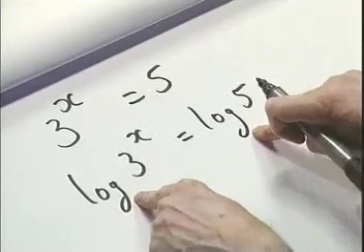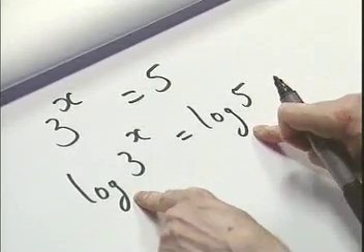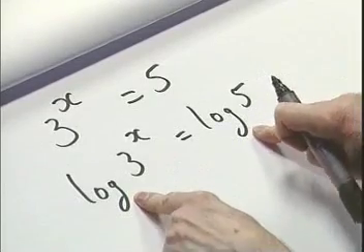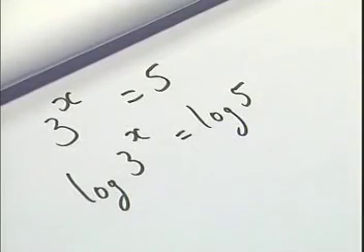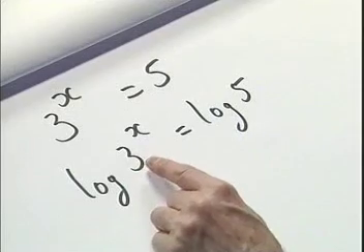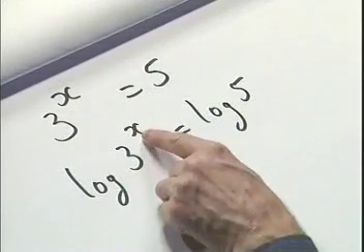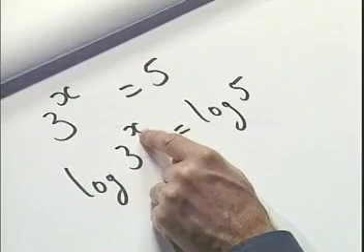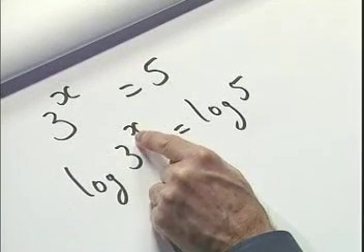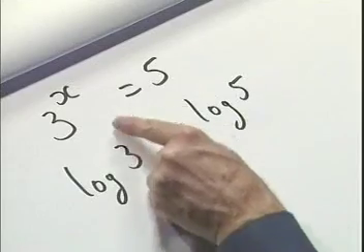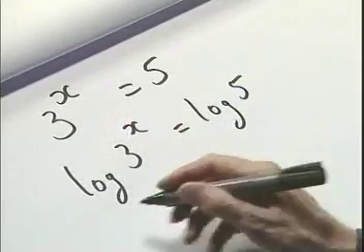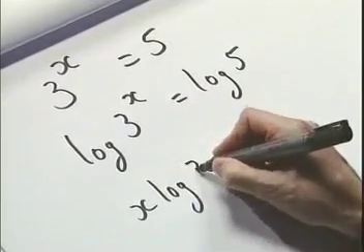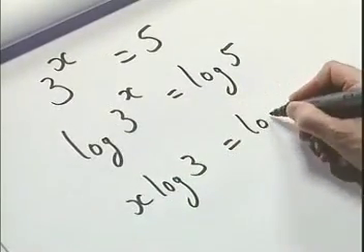And that's because I'm using the convention that I've just expressed, that log now means log to base 10. Well, I've got the log of 3 raised to the power x. And of course, one of the things that I do know from my laws of logs is that if I'm raising to the power x, then what I need to do is multiply the logarithm by x.